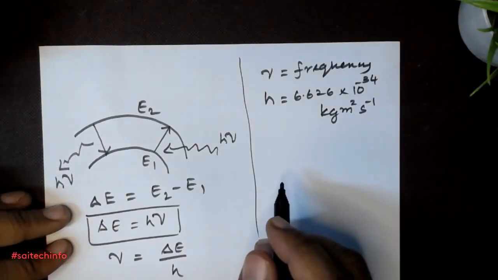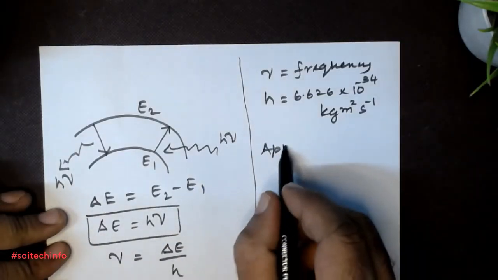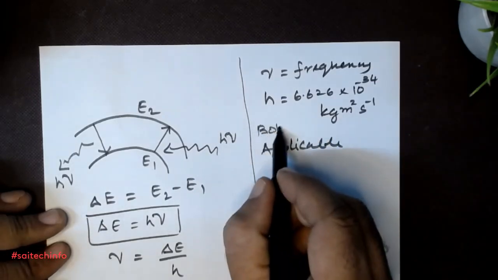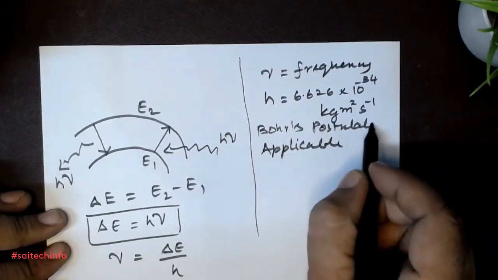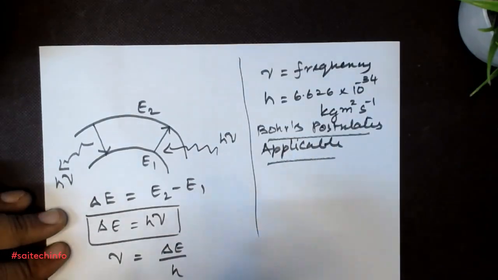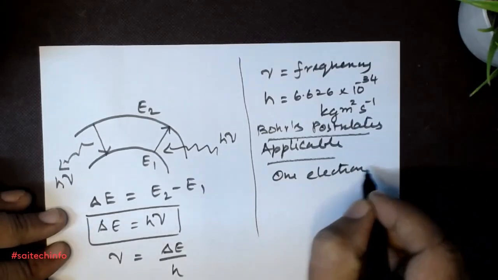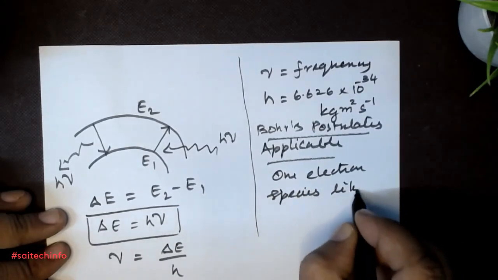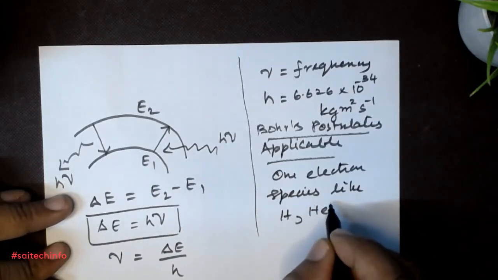Actually, Bohr's postulates are applicable to one-electron species like hydrogen atom, helium plus.